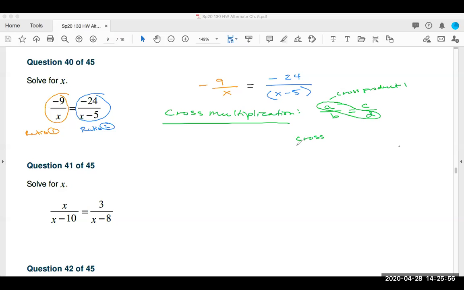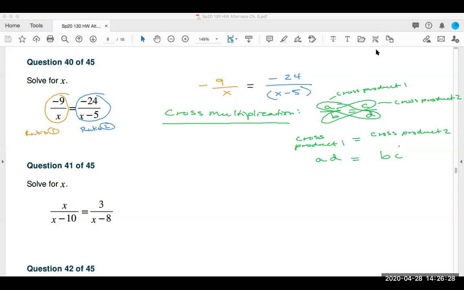So cross product 1 is A times D. Cross product 2 is B times C. And you're setting those cross products equal to each other and solving for whichever unknown you need.